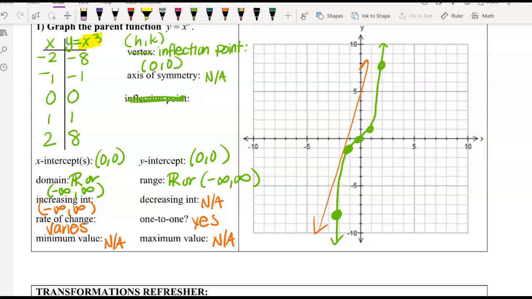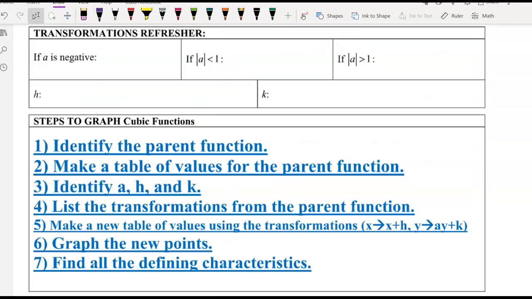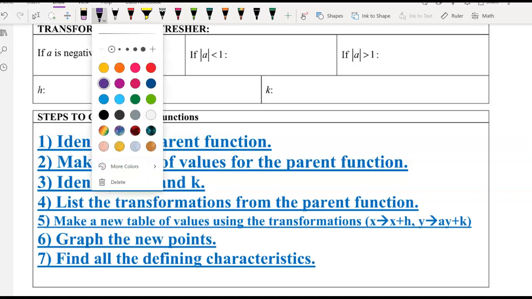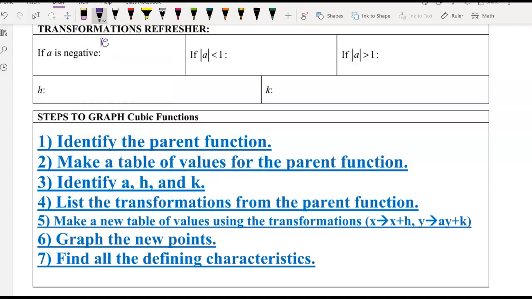Let's review our transformations really quickly. If A is negative, students, we can say it is a reflection over the x-axis, or we can even say vertical reflection.